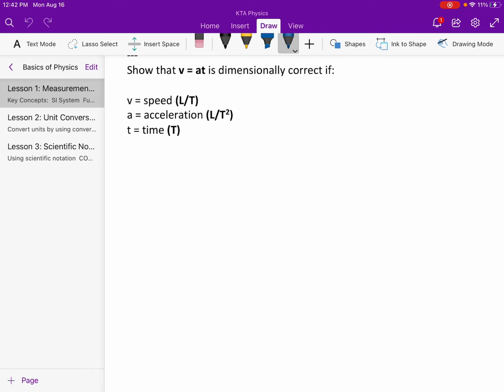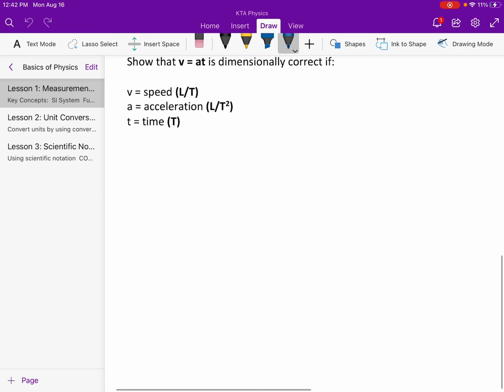Well, if we see that V equals speed, and speed is always length over time, then we can just write down V equals A times T. So if we know that, we can replace V with L divided by T, because that's what that is by the information we were given.